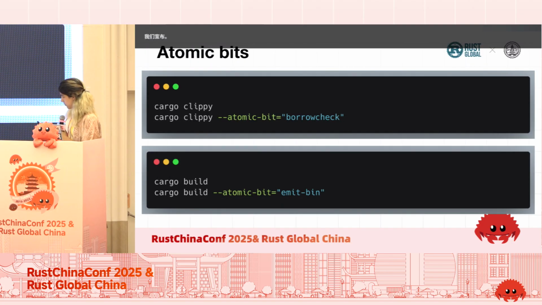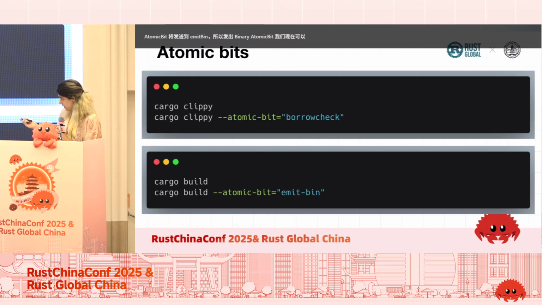Here's where, for example, while check or clippy go to the borrow checking atomic bit, build goes to the emit bin, so emit binary atomic bit. We can now represent neatly what the last compilation was doing in the incremental directory and avoid tying an incremental to what flags are used or other arbitrary information.